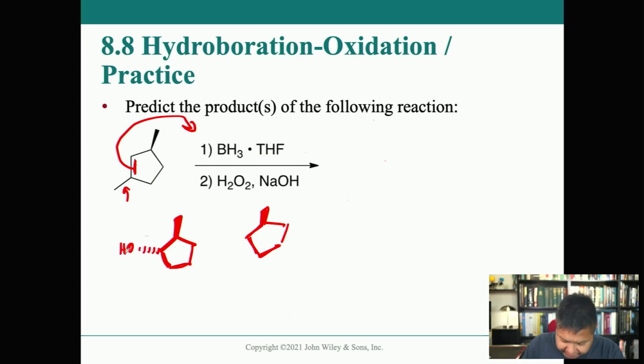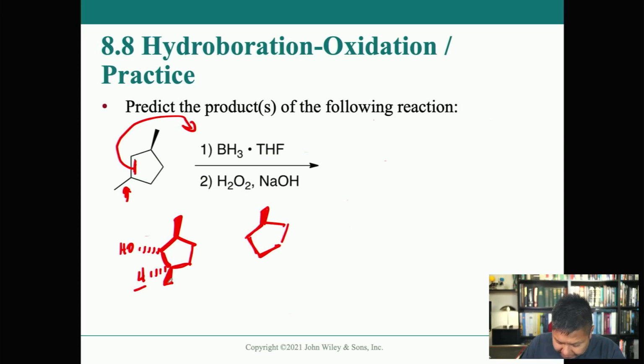But since it's always a syn addition, we'll also have a hydrogen over here on the same side. And since this hydrogen is already going to the back of the page, and we already have multiple bonds in the plane of the page, the methyl group that was here will come out of the page like so.